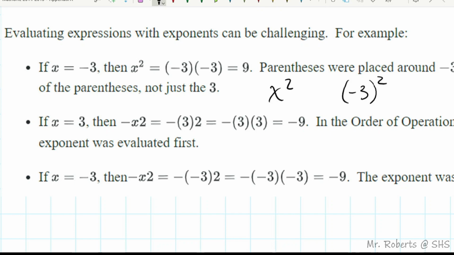Now, here's another typo. It says, if x equals 3, then this is supposed to be the opposite of x squared. The opposite of x squared is a negative 3 gets squared equals. So this is silly, right? So let me just do this. So I'm trying to evaluate the opposite of x squared.